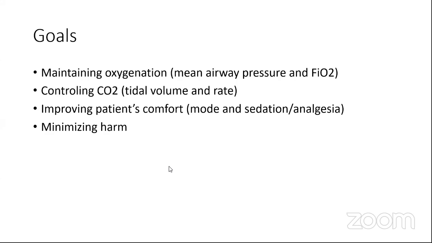Maintaining oxygenation can be achieved through changes in the FiO2, which is the percentage of oxygen delivered in inspired air, and through changes in the mean airway pressure, which is the mean pressure throughout the respiratory cycle applied to the airways. The higher the pressure and the higher the FiO2, the better usually the oxygenation delivered to the patient.